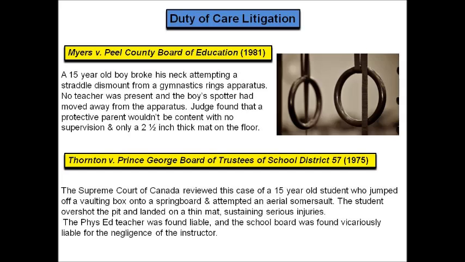If you're going to have a vault, if you're going to have a springboard, what kind of padding is there, right? Maybe the school only had the kind of padding it had, and that's why the phys ed teacher used it, right? Because it was the only stuff that was available. And maybe he figured, well, because this is what we have, then it must be okay. You know what I mean? So you can have vicarious liability in a school board for actions or failures of actions of the teacher.